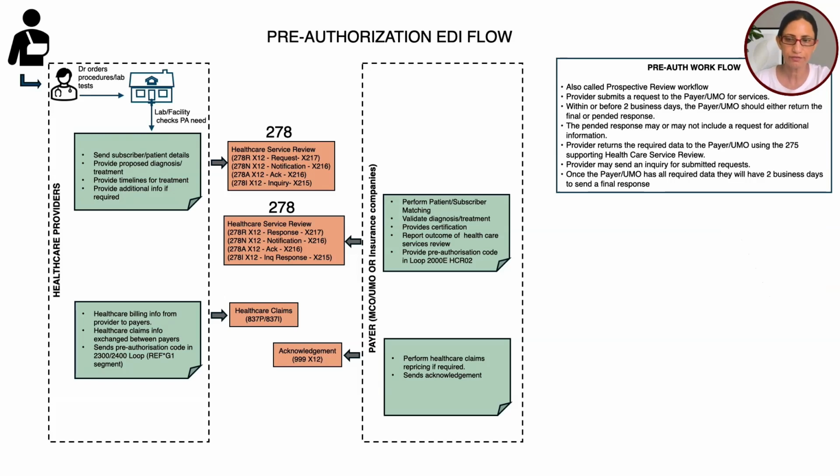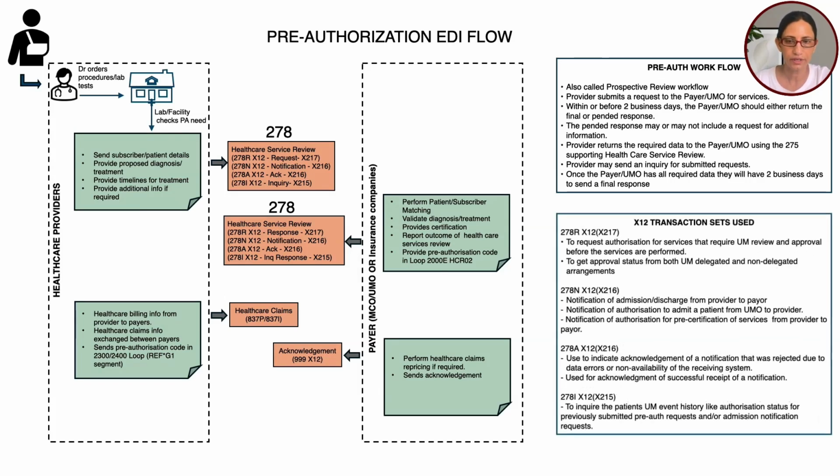The files that we have used here are the electronic X12 transaction sets. They are the 278R, which is either for the request or for the response that is sent back from the utilization management to the provider. And then there's the 278N.